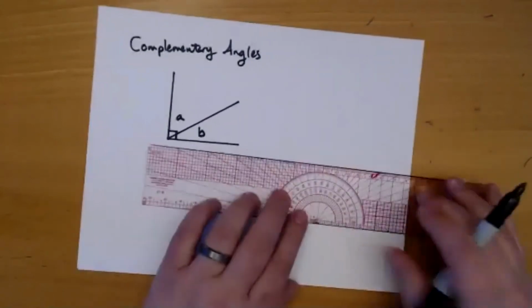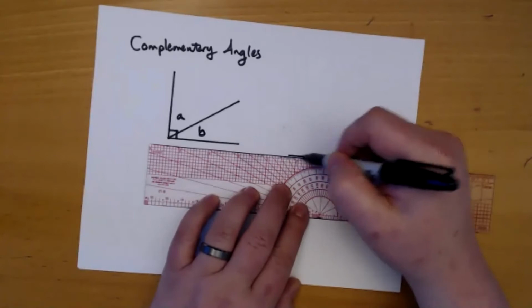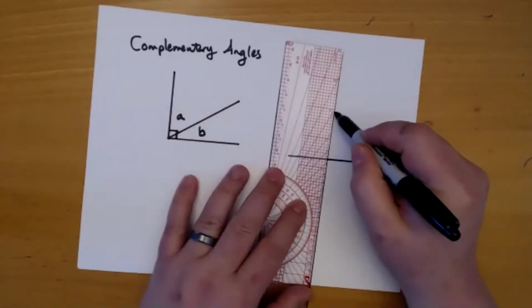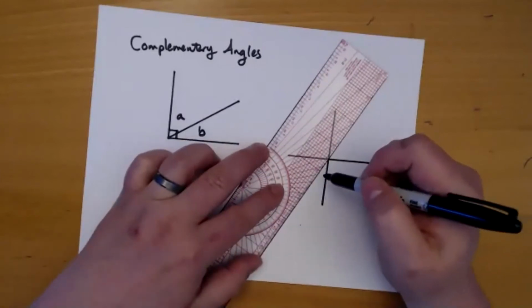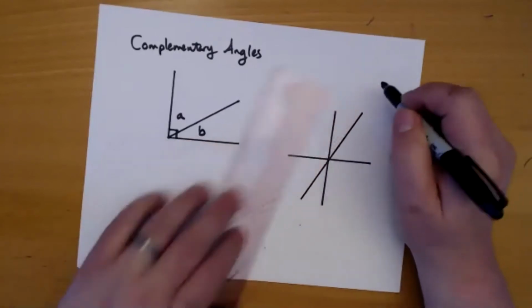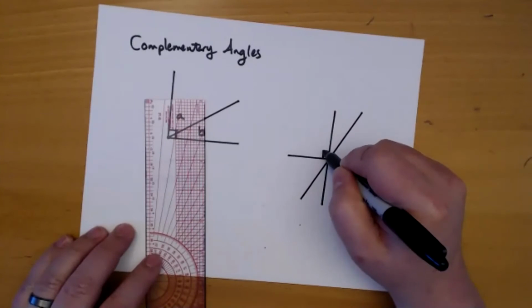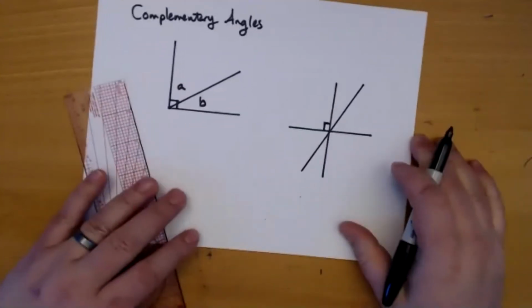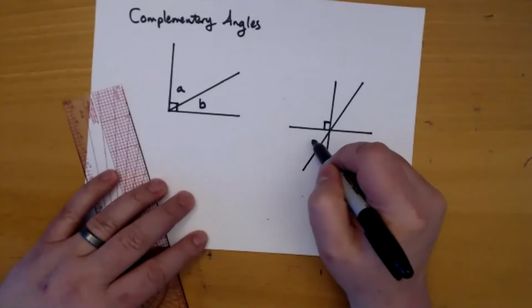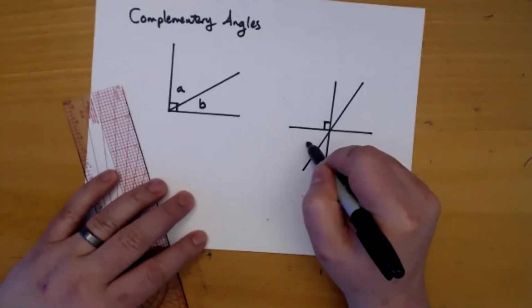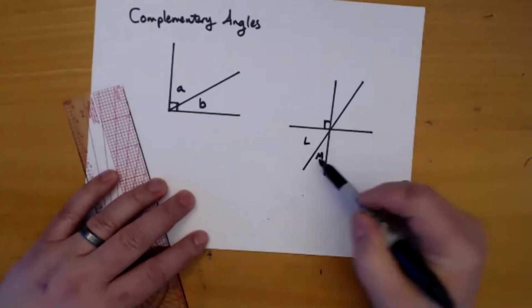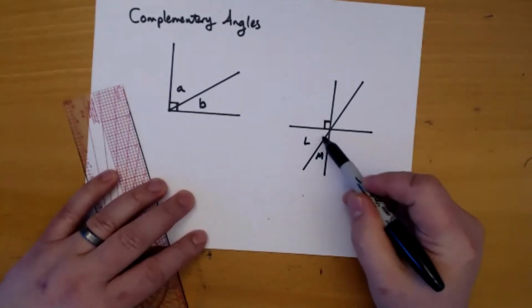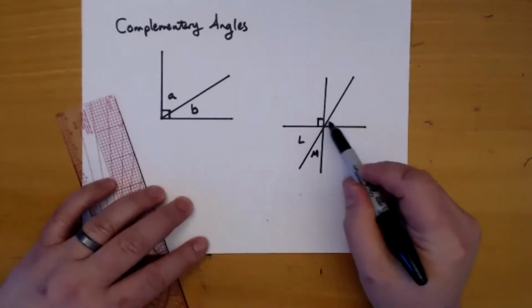And sometimes the picture gets a little bit more complicated. They include extra stuff. So for example, let's call these L and M. These two make that right angle, because if you've got one right angle, all these other angles are right angles too.